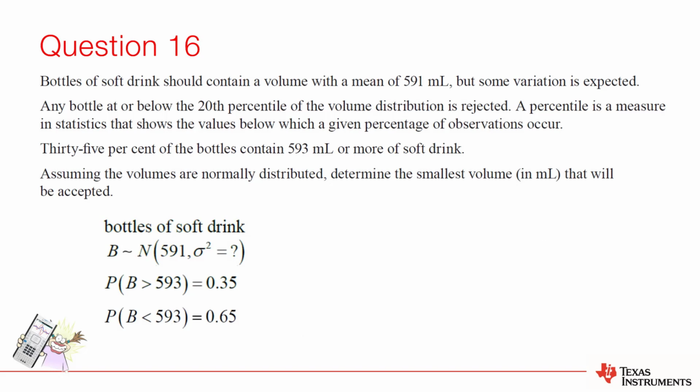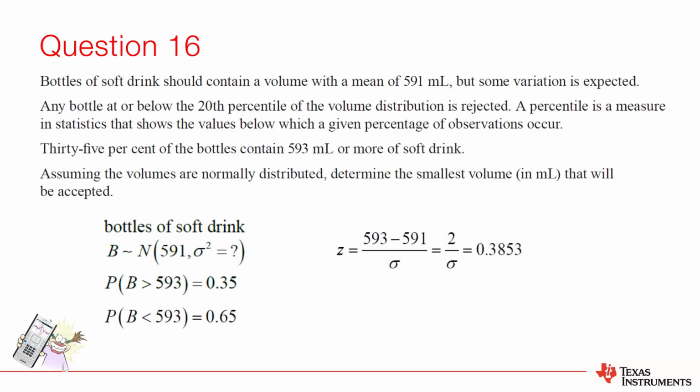So the z-score, 0.3853, is equal to what? x minus mu over sigma. Well, the x is 593, the mu is 591, the sigma is what's unknown. So 593 minus 591 is 2 over sigma is 0.3853.